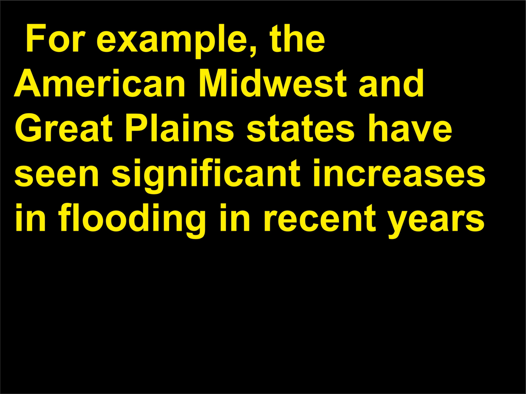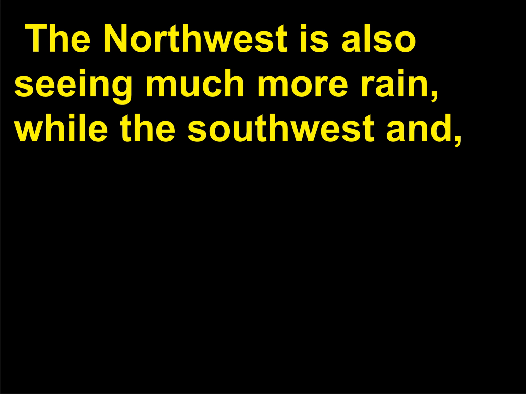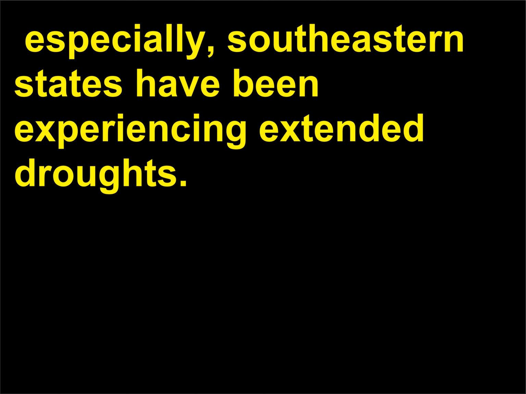For example, the American Midwest and Great Plains states have seen significant increases in flooding in recent years, though part of this can be blamed on farming and levee activities. The Northwest is also seeing much more rain, while the Southwest and especially southeastern states have been experiencing extended droughts.